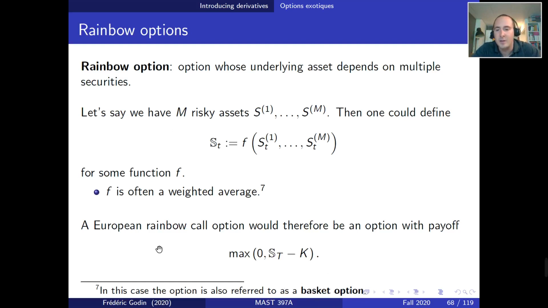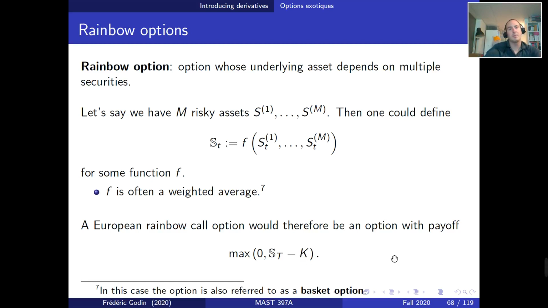In that case, a European rainbow call option would be an option with exactly the same formula as for a regular call option, except that the price of the underlying asset is replaced by the value of that function of prices of all assets. For example, with a rainbow basket call option, at maturity you would receive, if you exercise the option, the average price of many assets minus the strike price.